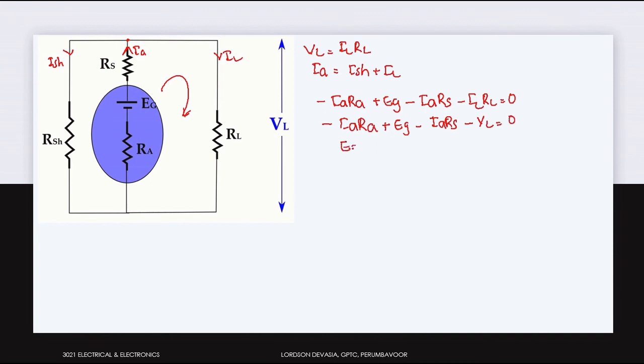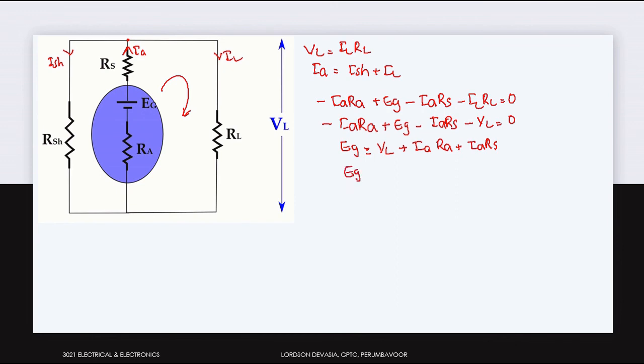So EG is equal to VL plus IA RA plus IA RS.